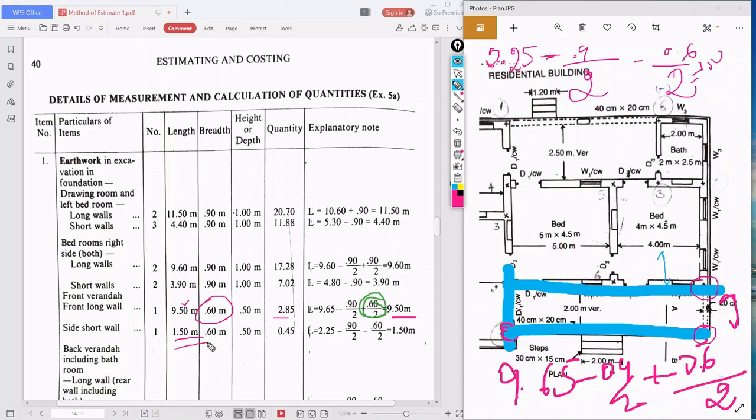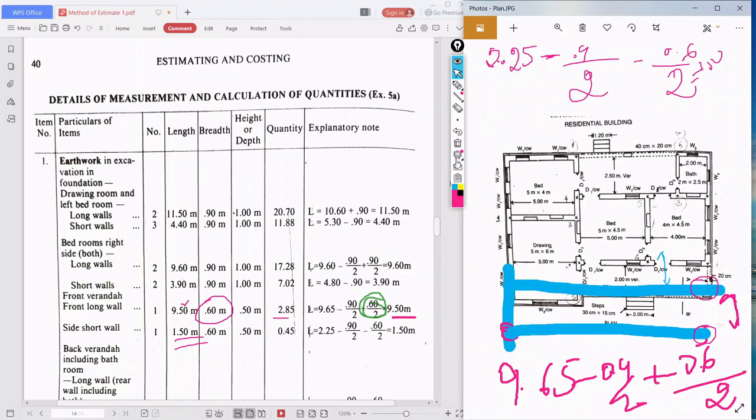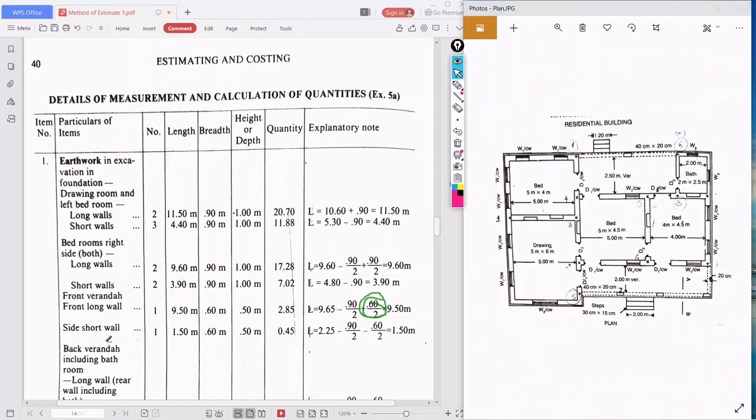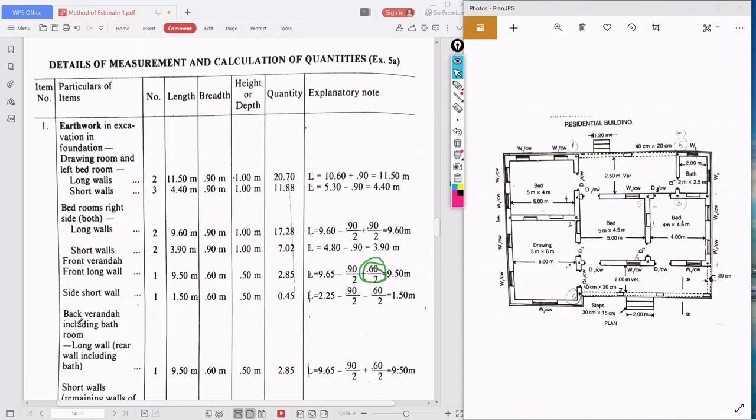So 1.50 is the length, breadth is 0.6, and 0.5 is the height or depth as earlier. Multiply, you will get the quantity. Hence the earthwork in excavation is like this for the front veranda. Up to here, the front veranda is over.